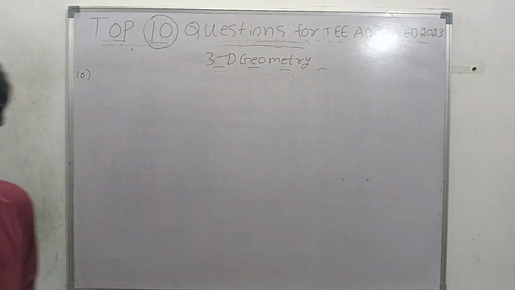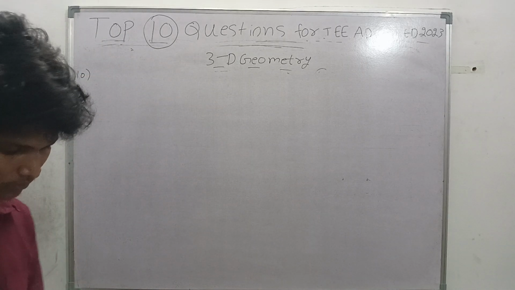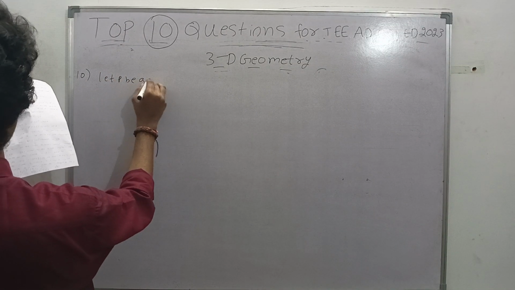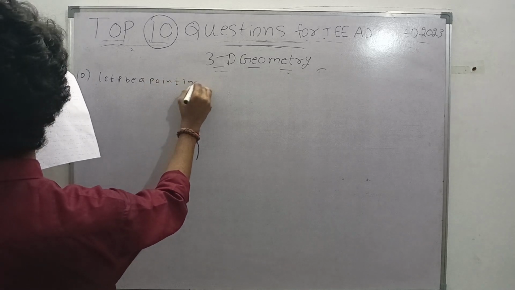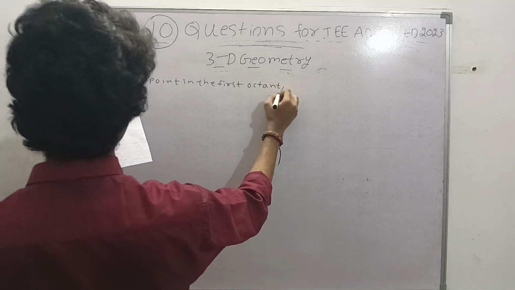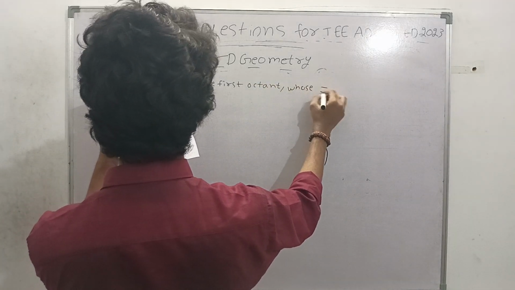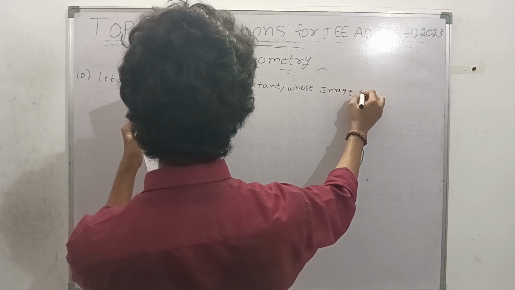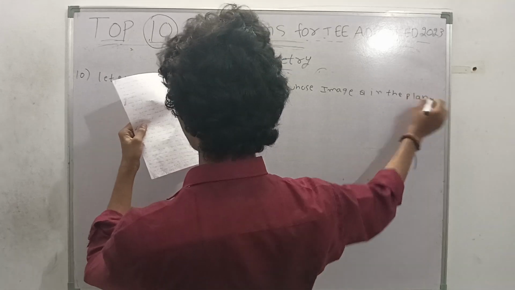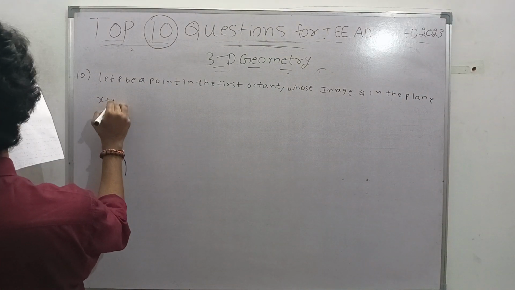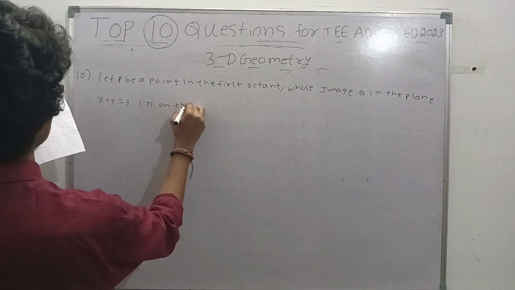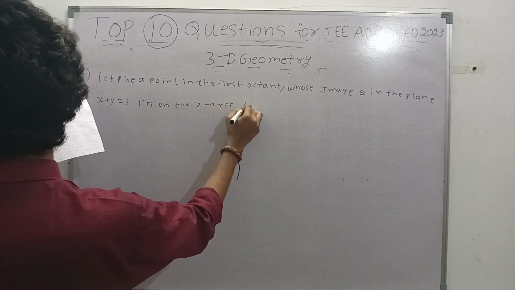Now the last, 10th question. Let P be a point in the first octant whose image Q in the plane x plus y equal to 3 lies on the z axis.